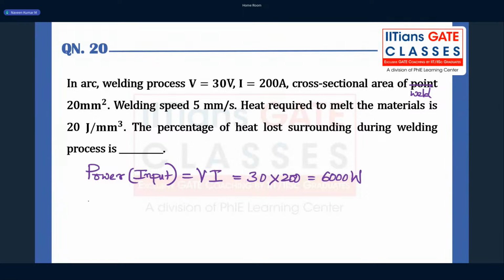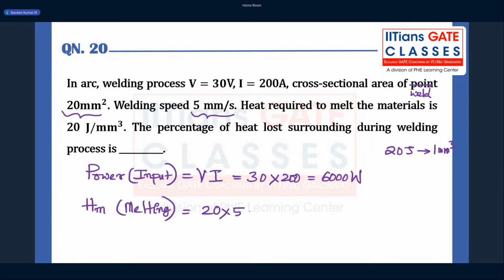And heat required for melting, HM, how much is this? They are saying heat required to melt material is 20 joule per mm cube, 20 joule for 1 mm cube. If you want to find out the volume of welding, you can easily find it. The area of cross section is given, welding speed is given. If you multiply area of cross section and welding speed, that is 20 into 5, you'll get 100 mm cube per second.